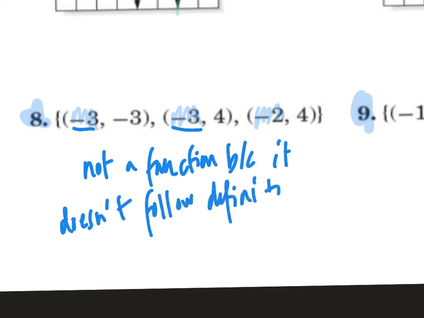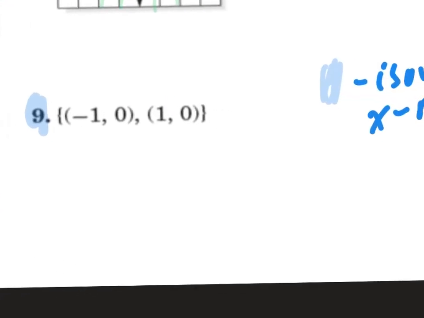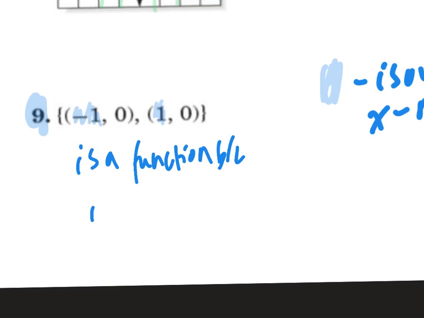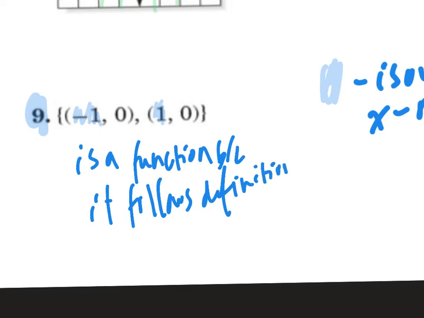Great. Next one. We want to see, are our x values repeating? My x value here is -1. My second x value is 1. My x values are not repeating, so this is a function because it follows the definition. Great.